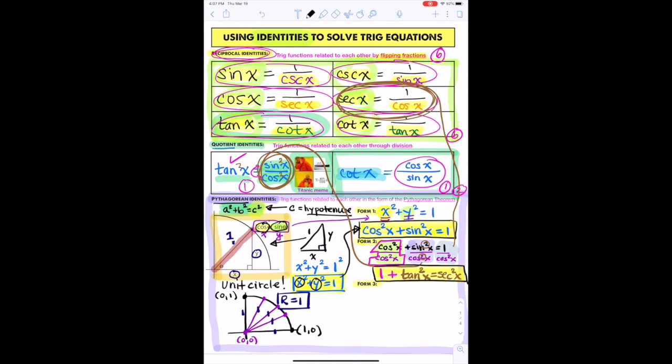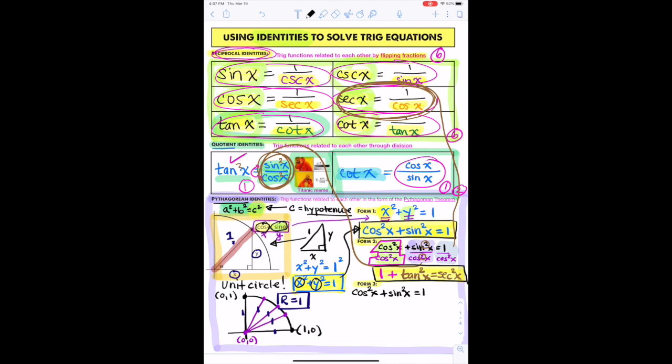The reason I like teaching the Pythagorean identities together with these other ones is that they all flow from each other. Once you know 2 of them, you can derive 4 or 5 or 6 or all these others. And then we can do form 3. For form 3, we're going to start with the original.